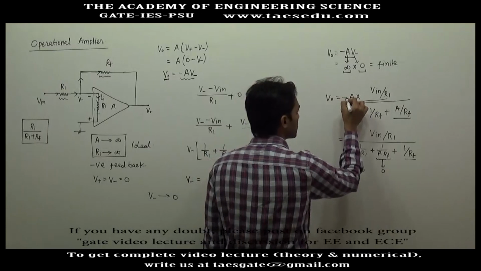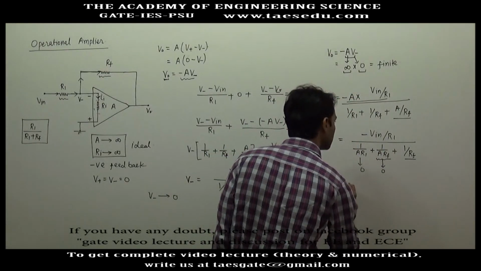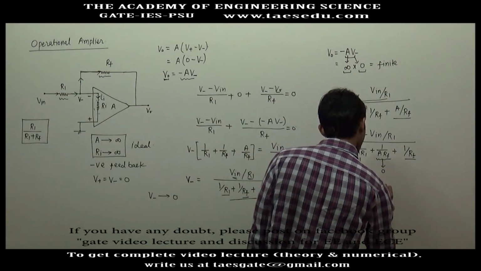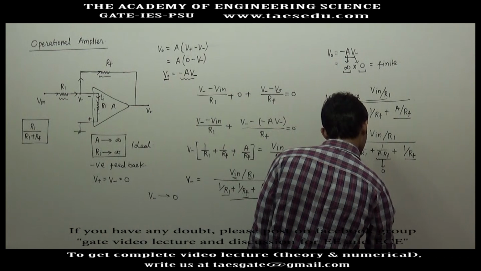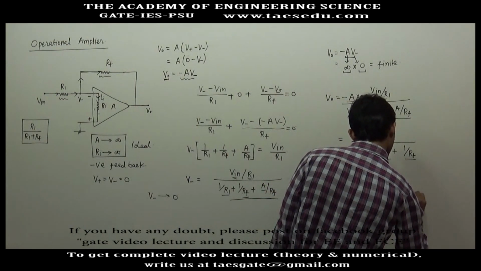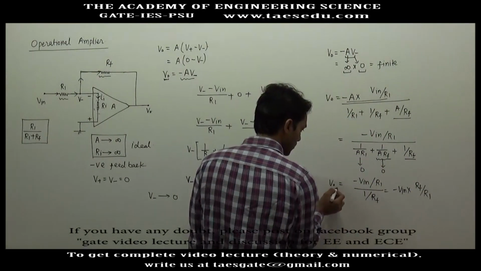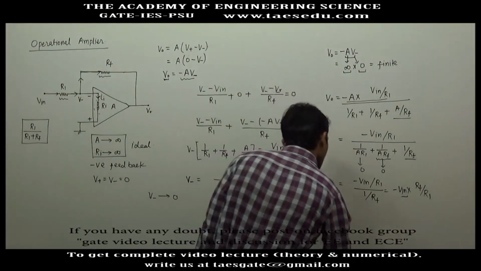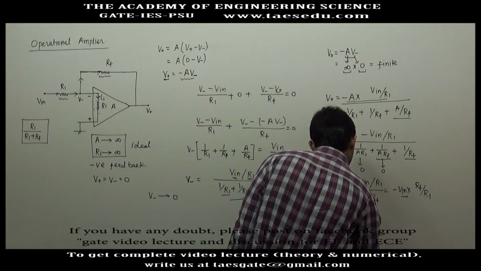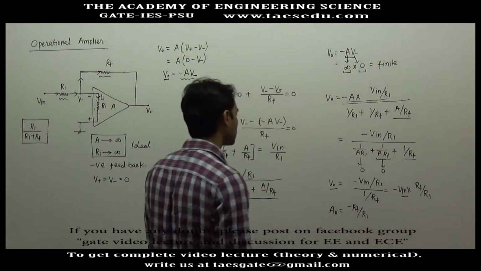So we will also have a minus sign here. So V naught equals minus V input divided by R1, divided by 1 upon Rf. This will be minus V input into Rf divided by R1, or V output divided by V input, which is nothing but the gain of the system. This is minus Rf divided by R1.